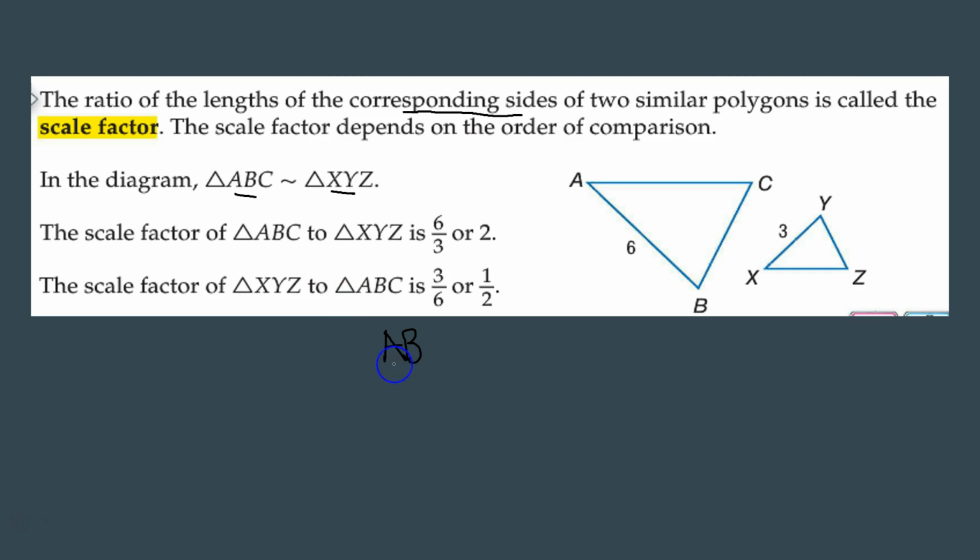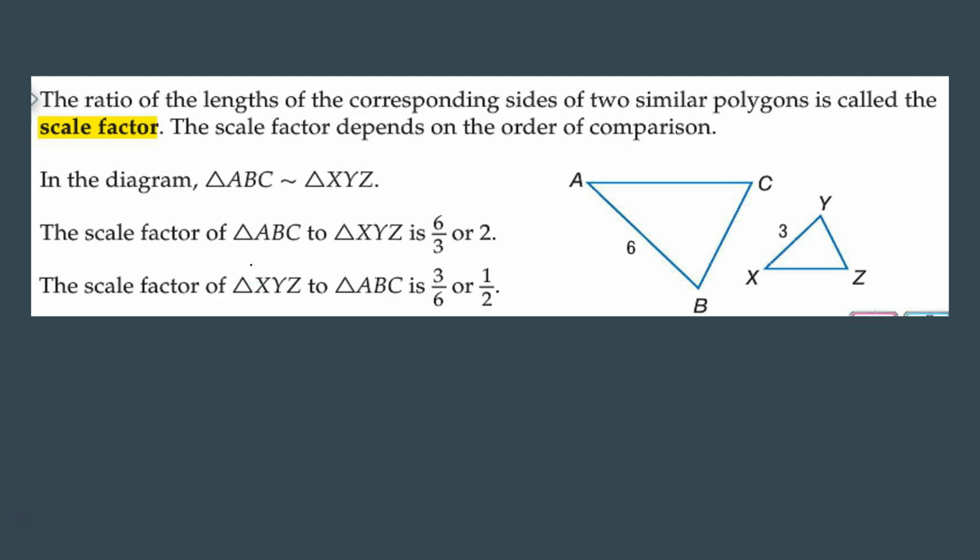So we have AB, and we're going to divide that by XY, because we want to find our scale factor. AB we said was 6, and XY is 3. 6 divided by 3 is 2. So our scale factor is going to be 2.